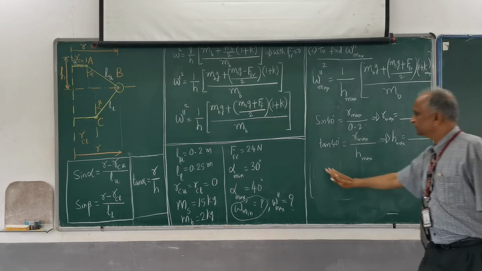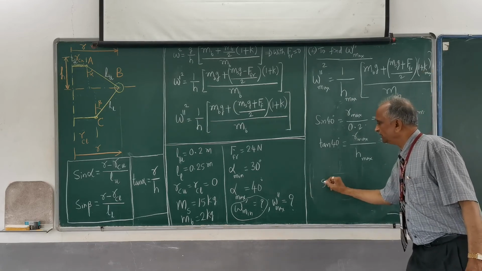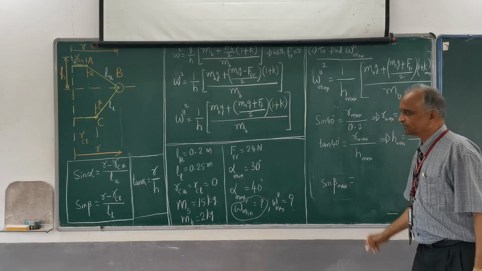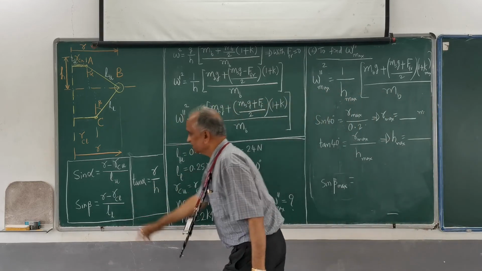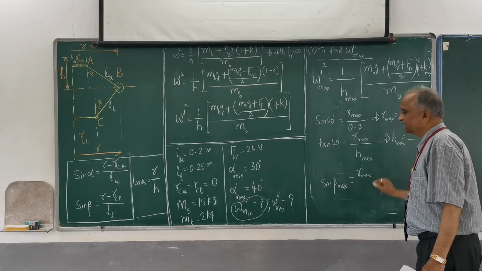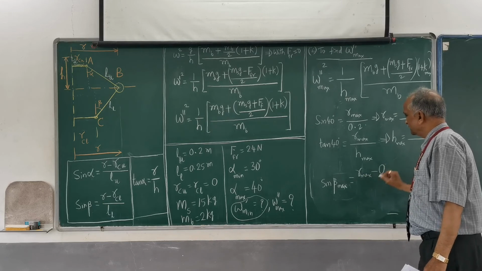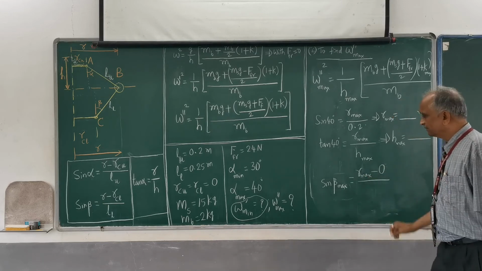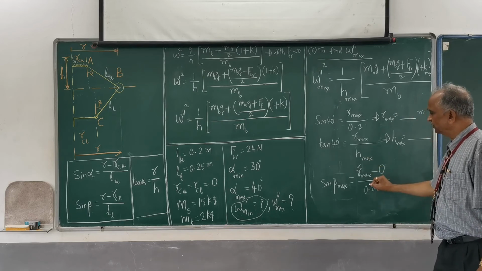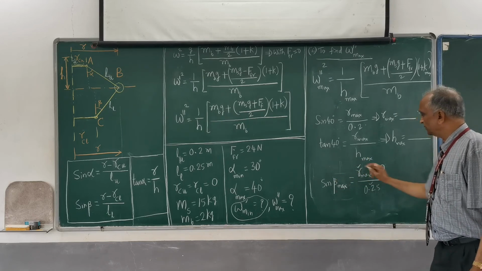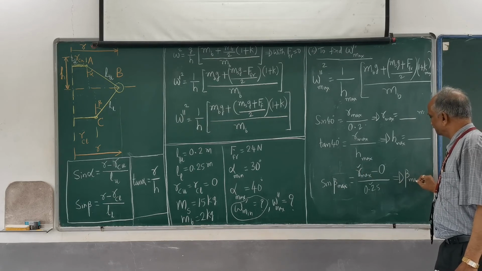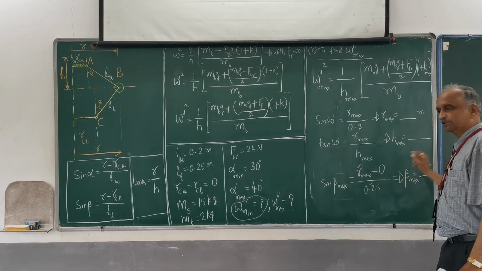Again you can easily find out sin beta max. Sin beta max is R max, which you have already calculated, minus R here, that is 0, divided by L, that is 0.25. You know this value, and from that you can find out beta max, so many degrees.